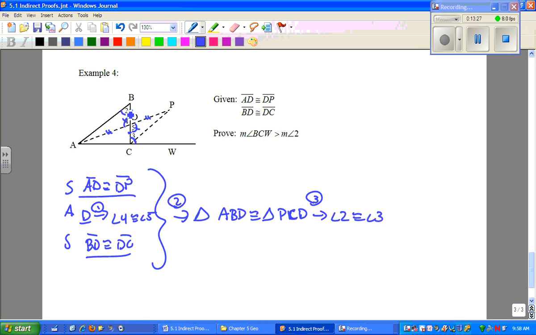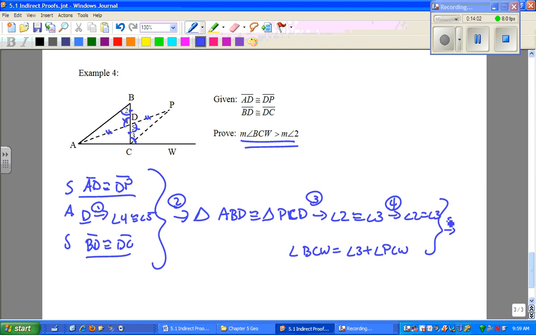But wait, 2 and 3 are congruent. I wanted to prove that this was bigger. But what do you know? You know that angle BCW is equal to angle 3 plus angle PCW, right? And if these two were equal, if 2 was equal to 3, what can I do? I can substitute in 2 here.